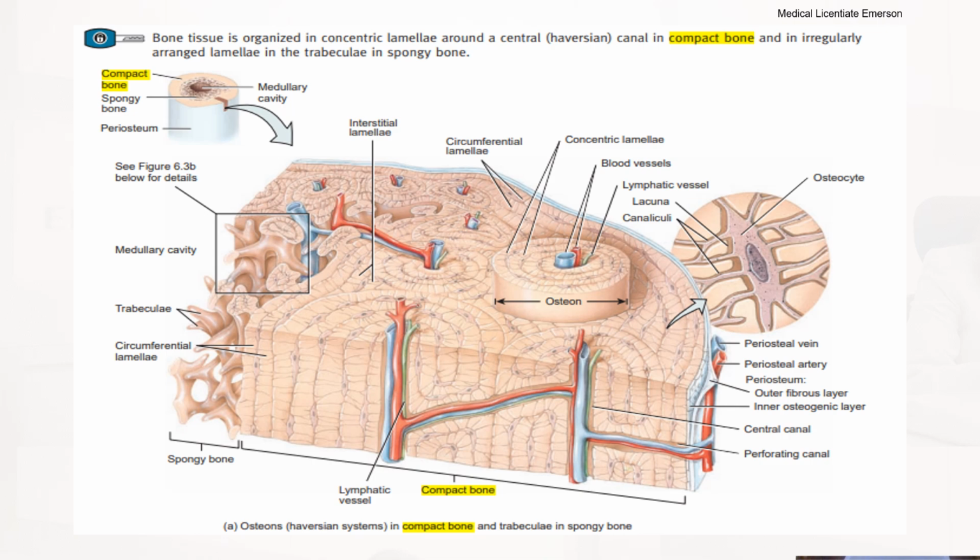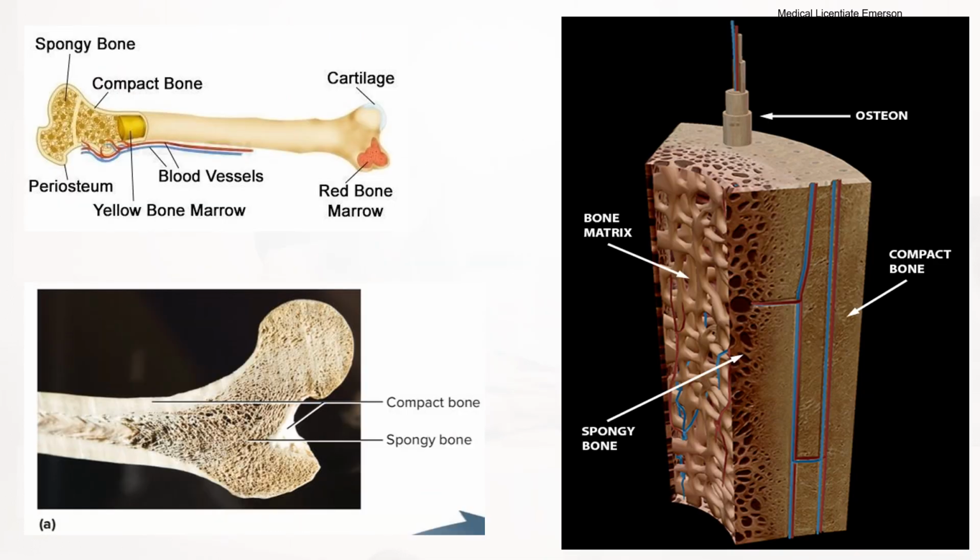What this is projecting is what we are talking about. The highly dense part is the compact bone, then the less dense and less compacted is the spongy bone. The compact bone is also here, then this is the osteon.